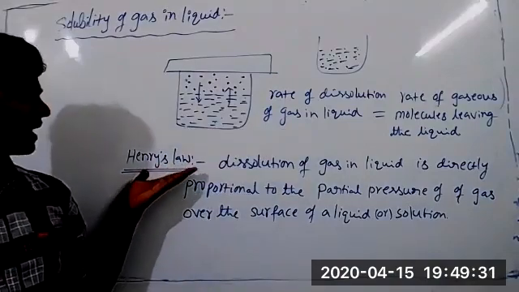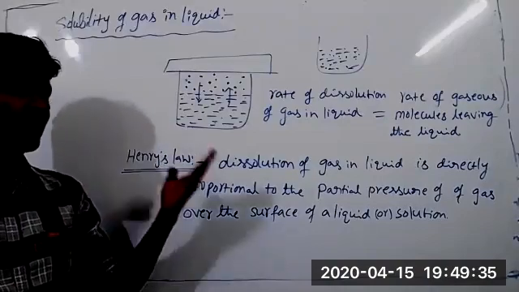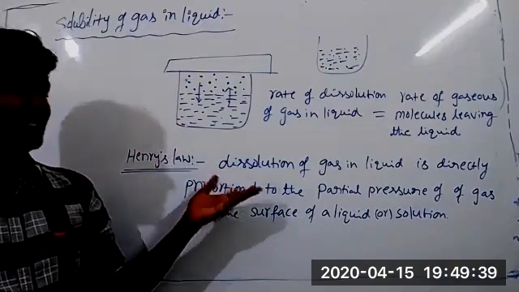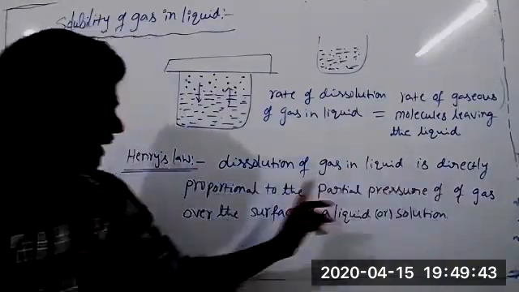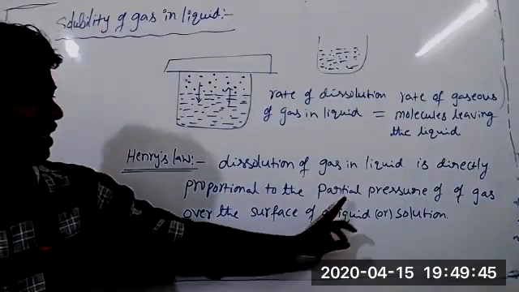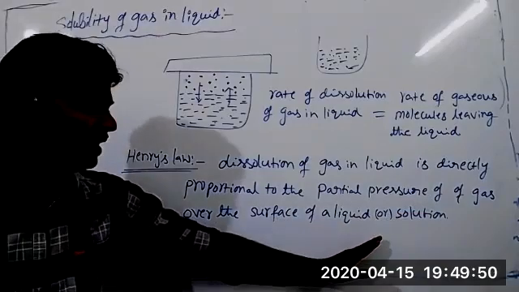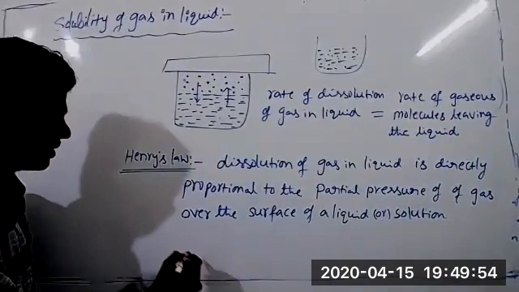Now, see Henry's law. The scientist Henry first gave a quantitative relationship for the solubility of gas in liquid. Dissolution of gas in liquid is directly proportional to the partial pressure of the gas over the surface of a liquid or solution. It has another definition also. Note down another definition.